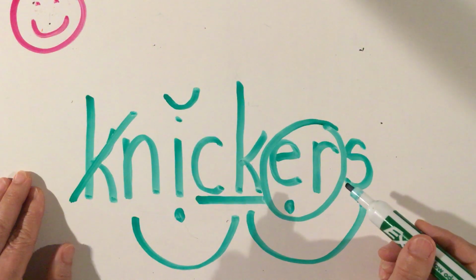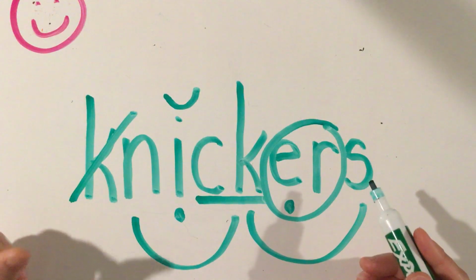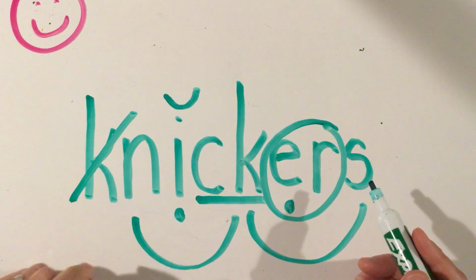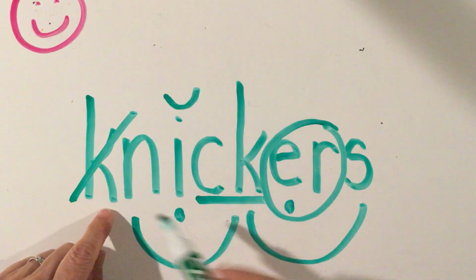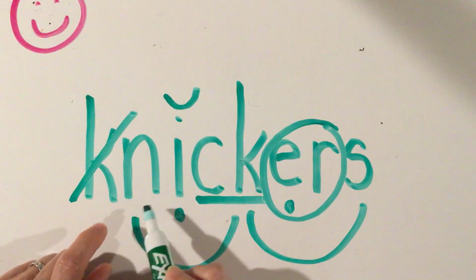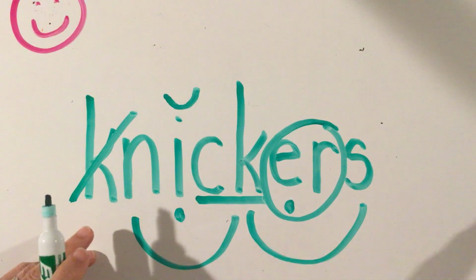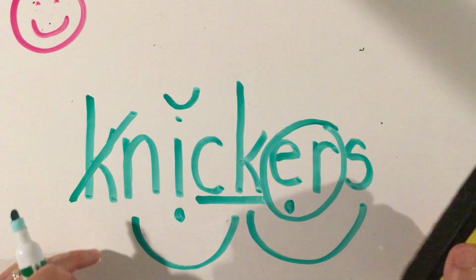Knickers are your breeches, or your pants, and they were short pants that boys wore because boys weren't allowed to wear long pants until they were of a certain age. So you'll notice that a lot of these words with the KN are old words, things we don't use too much anymore. Of course, we use knife and knot.